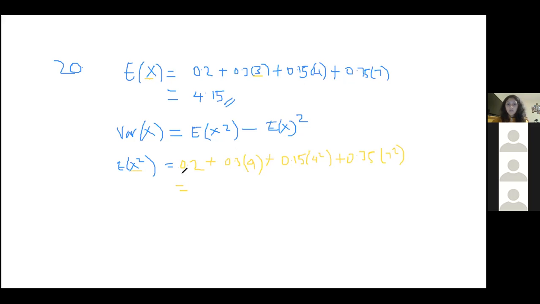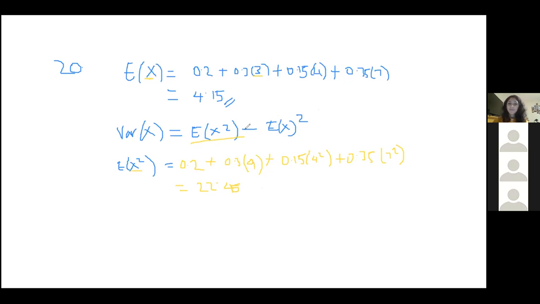And so if you do this multiplication, you get this term, which is E of x squared. And I've done the multiplication before the session, and that works out to be 22.45.